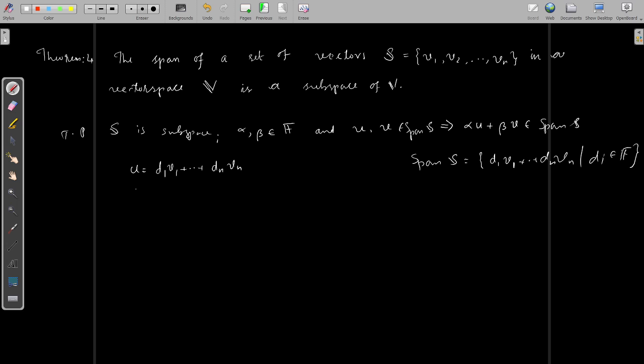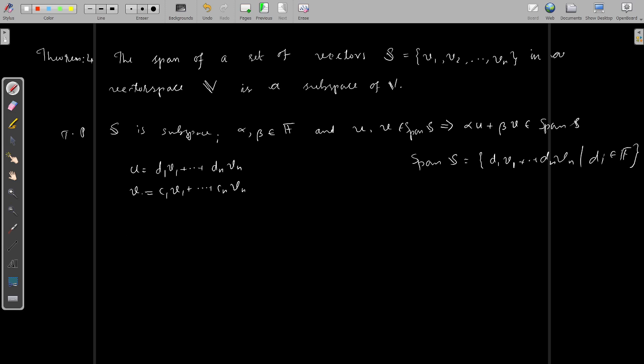Similarly, we assume that v is also an element of span of S, then that is again a linear combination of v1, v2, etc. vn. So we can choose c1, c2, etc. such that c1 v1 plus etc. cn vn.